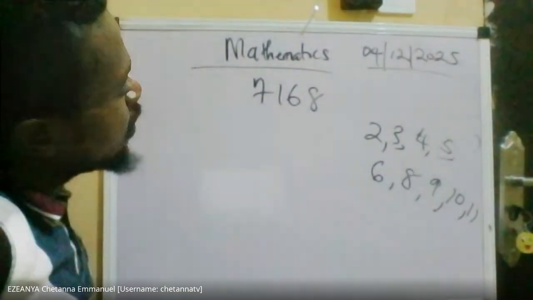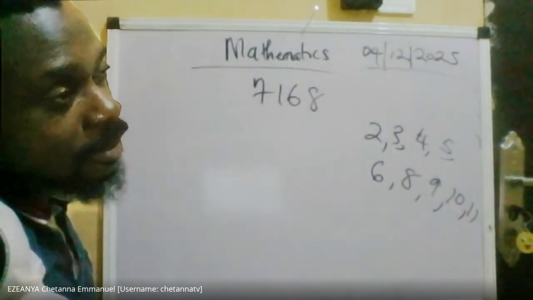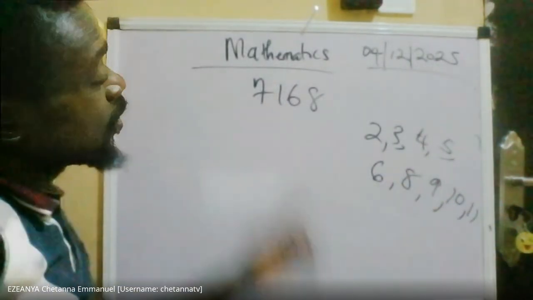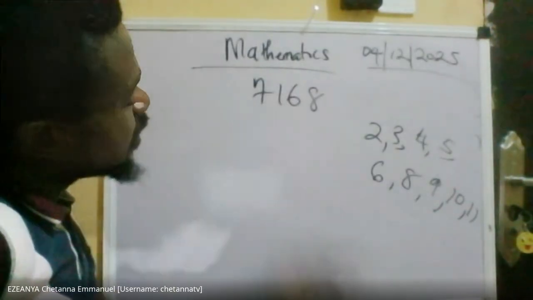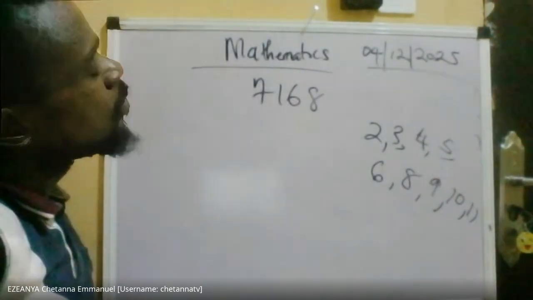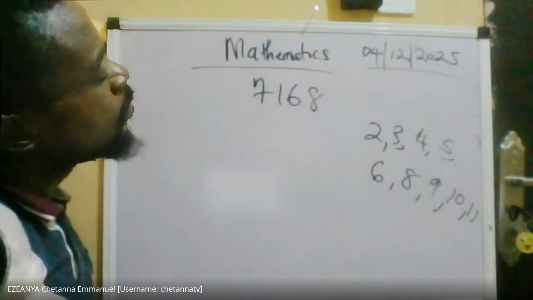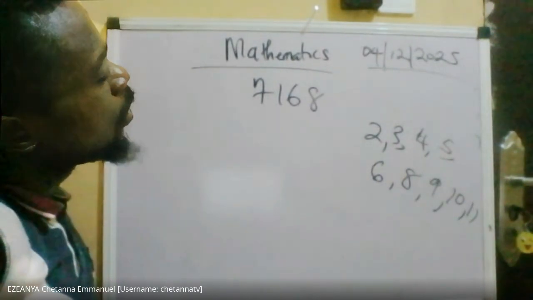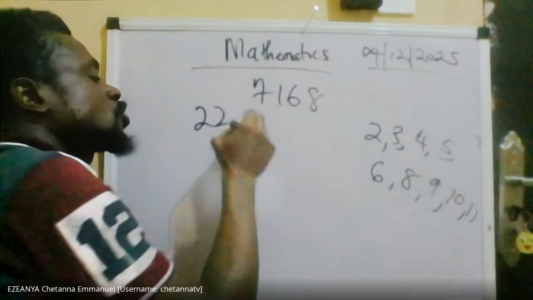7 plus 1 is 8. 8 plus 6 is 14. 14 plus 8 is 22. 22 is the sum.